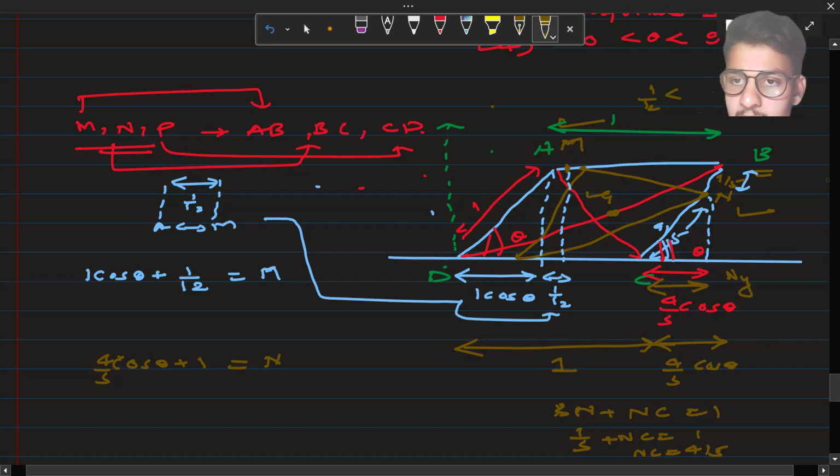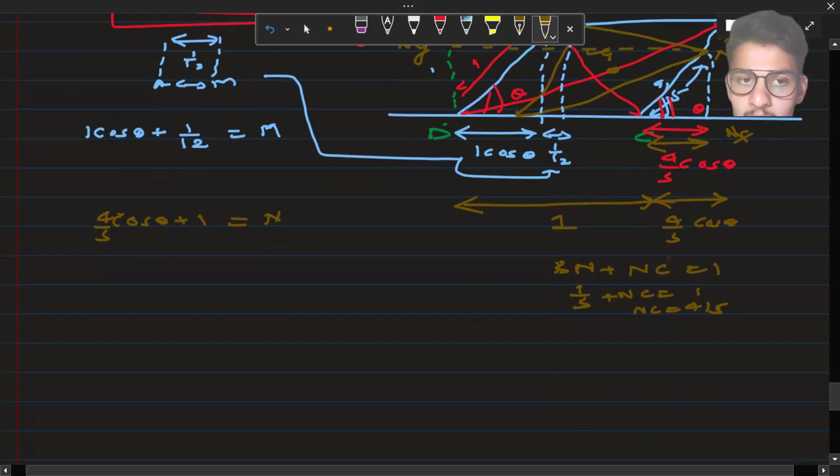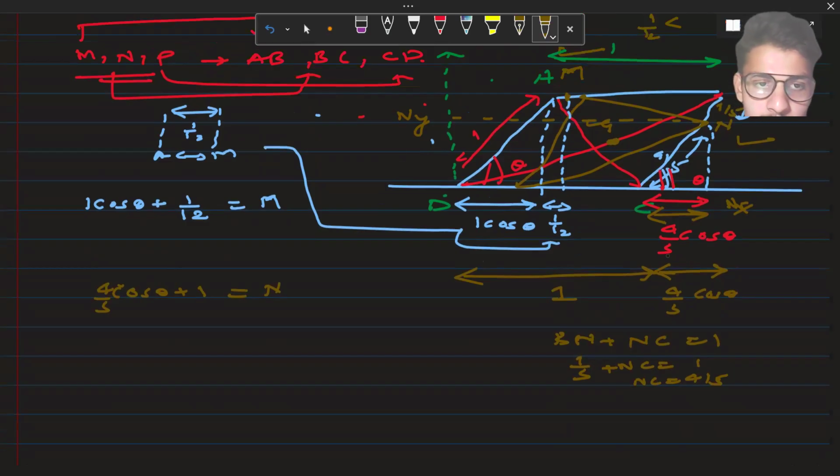This is the NX coordinate, and this is the NY coordinate, which is 4/5 sin theta.